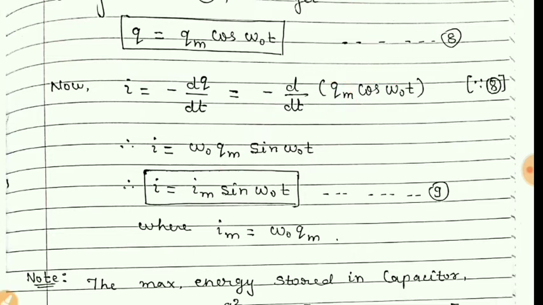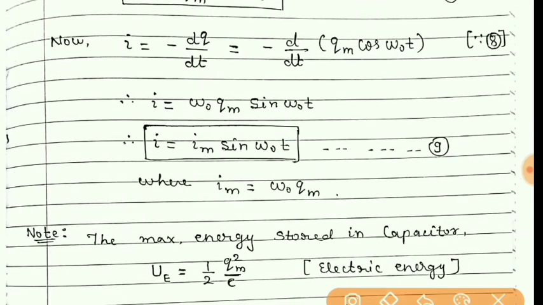I hope you understood this, because this type of mathematics or differentiation we have applied earlier also, so this is not a new thing for you. Hence we got this equation of current. Whatever quantity is obtained here, whether it is sine or cos, that will be the maximum value.